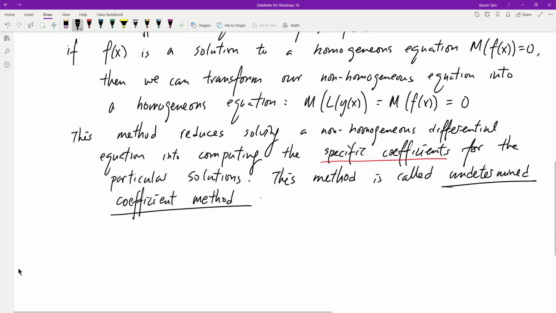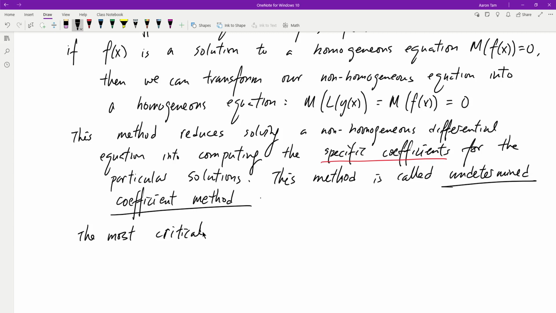Now, one of the most important parts about doing this method correctly is to identify this linear operator m that would transform our differential equation from non-homogeneous to homogeneous. And we will talk about how to identify this linear operator correctly.